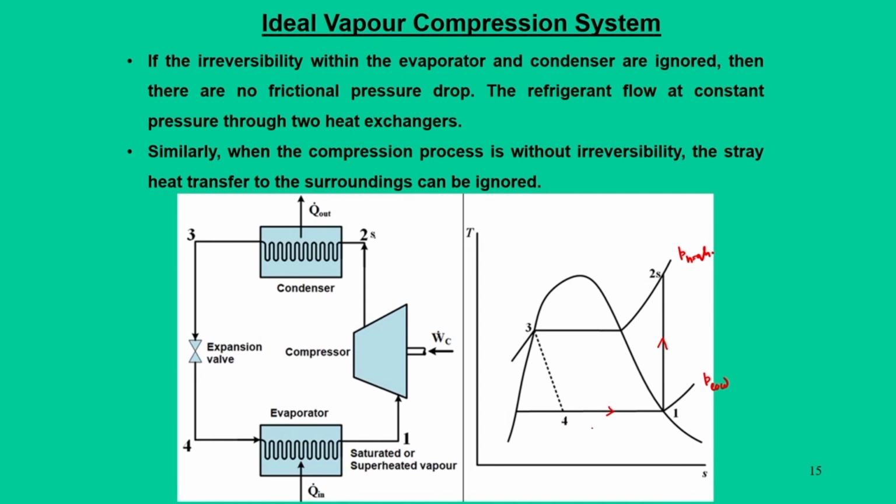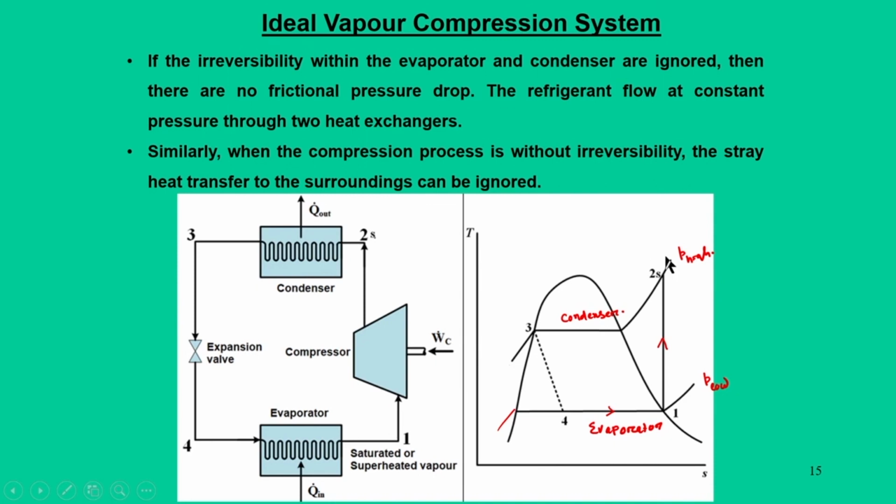So, process 4 to 1 is in the evaporator, and processes 2s to 3 are in the condenser. On a TS diagram, these are nothing but constant pressure lines, which are represented here. From 4 to 1, the arrow direction shows how the refrigerant follows this cyclic process.